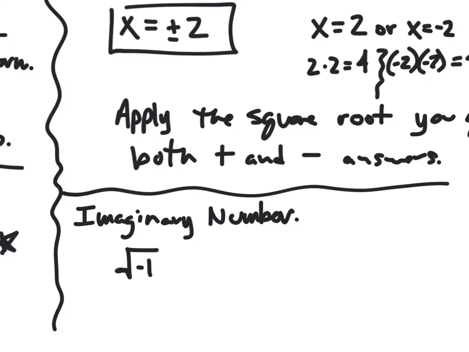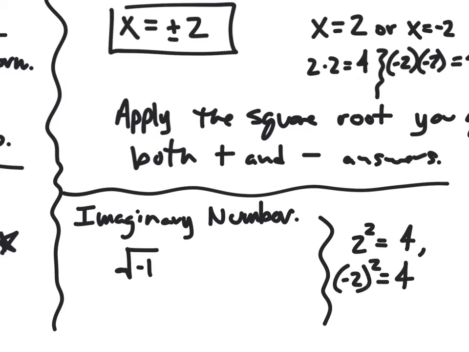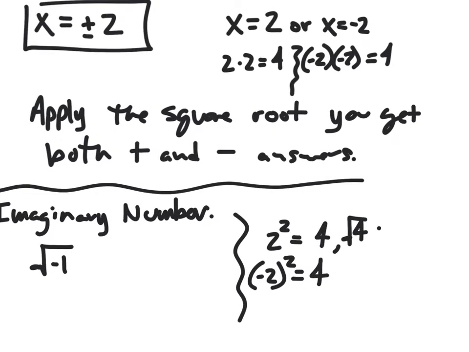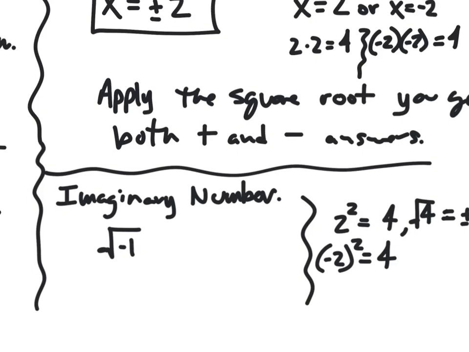So, what two numbers are going to multiply together to give me a negative number? And you can't, okay? If I take 2 squared, I'm going to get 4. If I take negative 2 squared, I'm still going to get 4. Now, if I go the opposite way and take the square root of 4, I'll get both the positive and negative value, okay? But because whenever I square something, it becomes positive, I can't take the square root of a negative number.